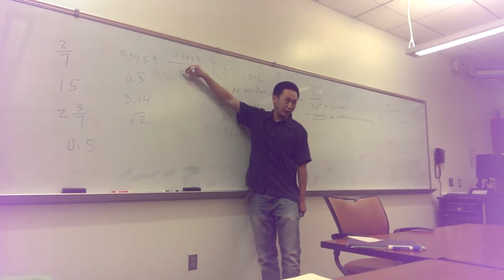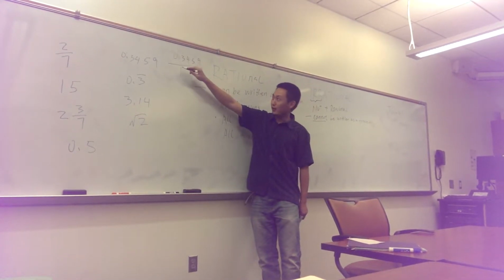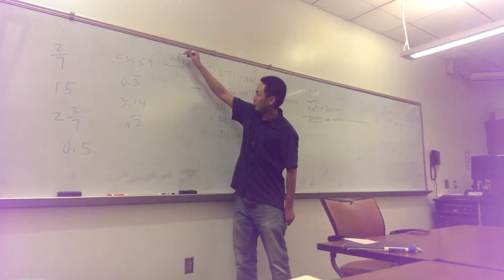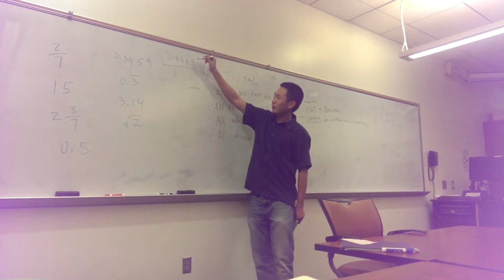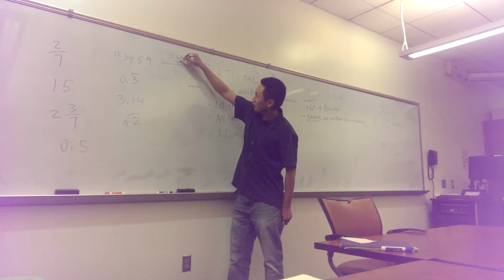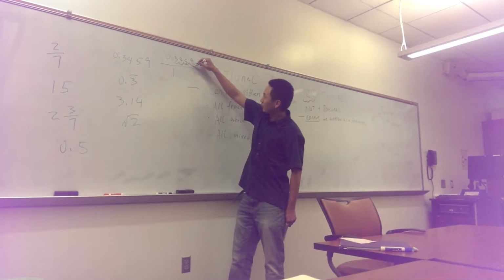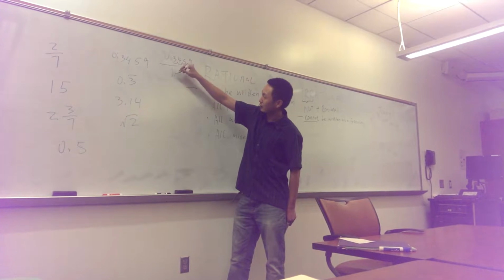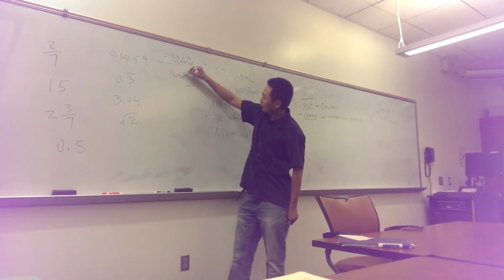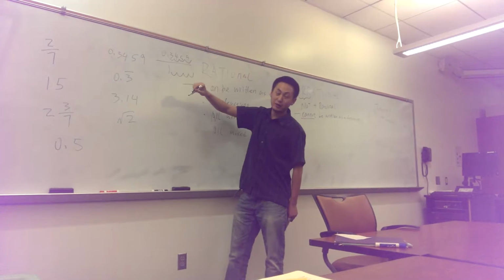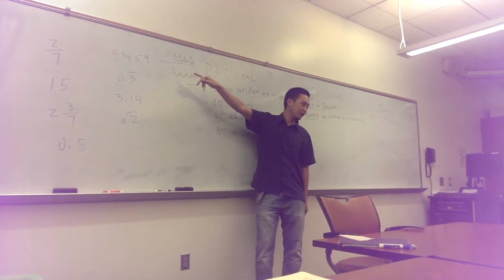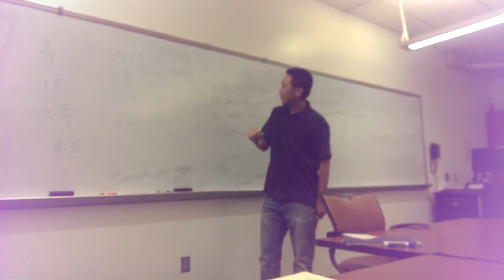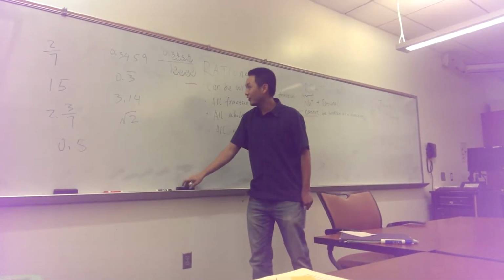We cannot leave a decimal in the numerator, so what we do is move the decimal to the right. That's 1, 2, 3, 4 to the end. Same thing here, we move the same number of positions in the denominator. So how many zeros for the denominator? 4 zeros. So that's that one.